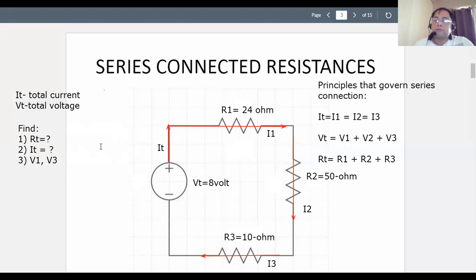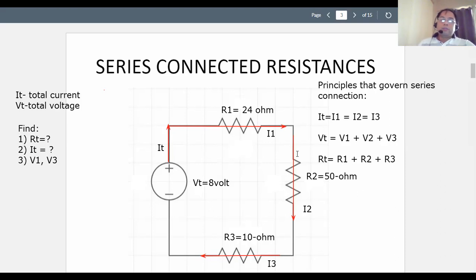Next, we want to find the total current, that is, how much current the battery will pass through the circuit. And likewise, how much voltage we will get across resistance 1, resistance 2, and resistance 3. Resistance 3 is 10 ohms, and resistance 1 is 24 ohms.